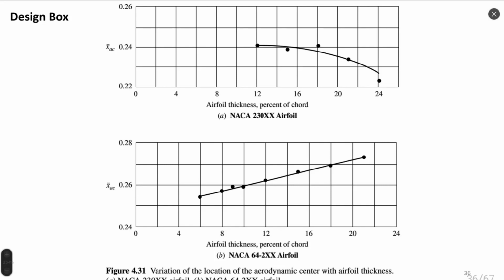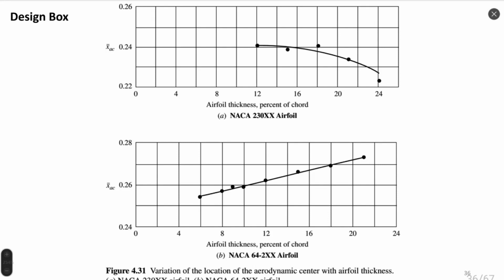On figure A, you can see NACA 230XX, and here XX describes different variations of thickness of airfoil, from 12 to 24%. And same for figure B, airfoil NACA 64-XX, where XX also describes thickness from 5 to, I think, 21%.